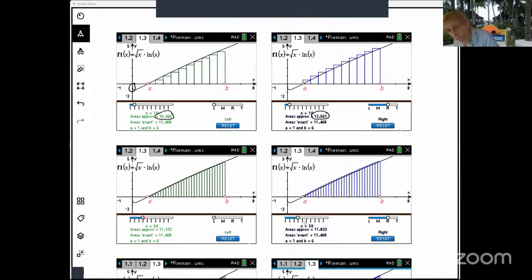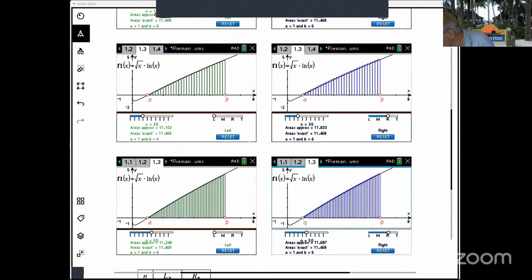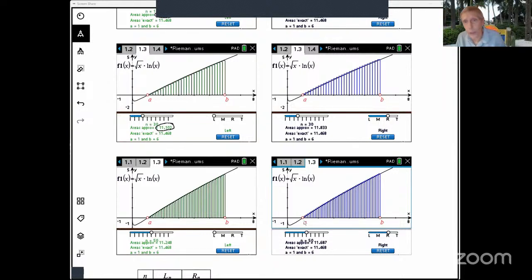This is a slider. And so I changed n to be 30. You'll notice it's drawing the 30 rectangles, which is pretty cool. You can imagine that this is going to get pretty dense in a while. And there's the left Riemann sum, 11.102, and the right Riemann sum is 11.833.